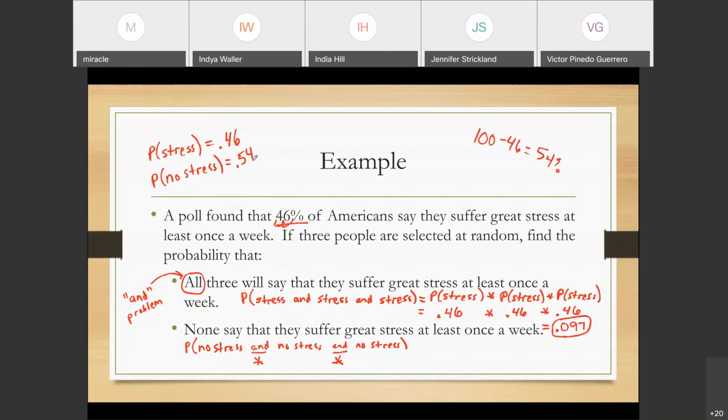So what is the probability the first person is not stressed? That's going to be 0.54. And the probability that the second person is not stressed is 0.54. And the probability that the third person is not stressed is also 0.54. Then I'm going to multiply that together, and I'm again going to do 3 decimal places.